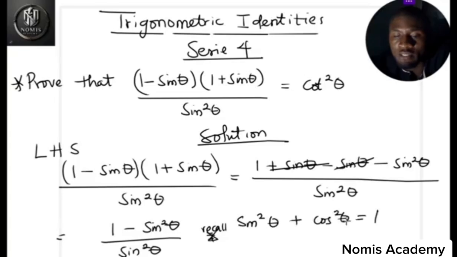This is proven using Pythagoras theorem, and if you have watched our series 1, you would have seen the proof of sine squared theta plus cos squared theta equal to 1. So we will now substitute the value of 1, which is sine squared theta plus cos squared theta, into what we have left on the left hand side. So let's get to the next page.